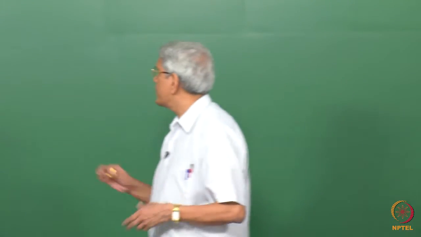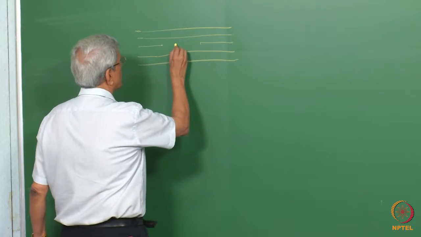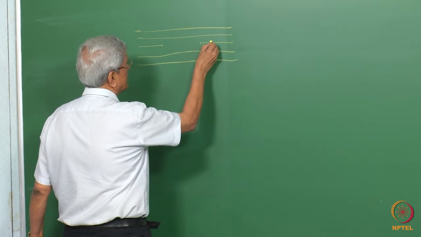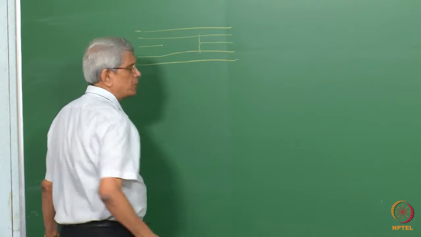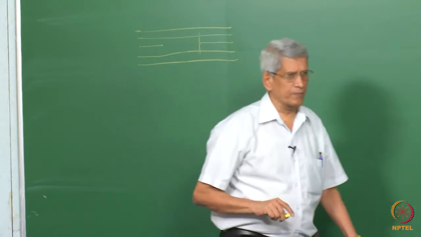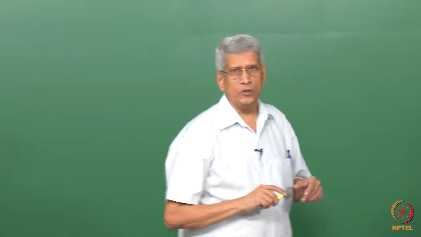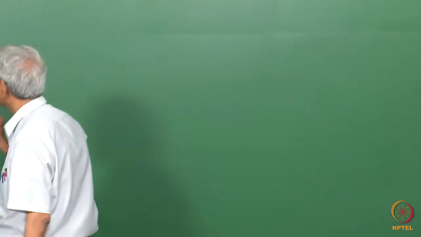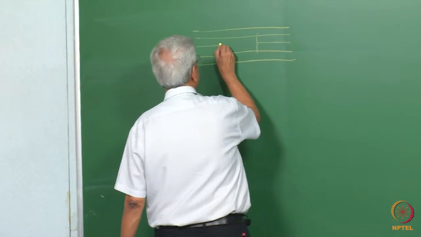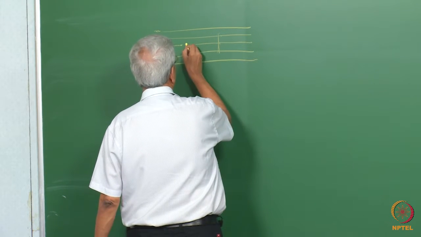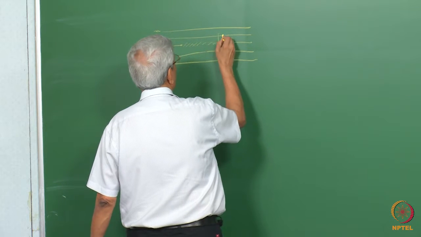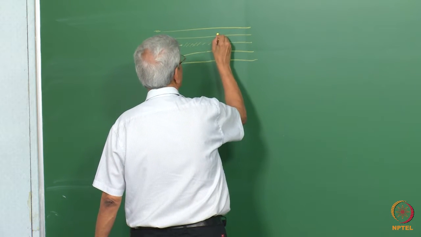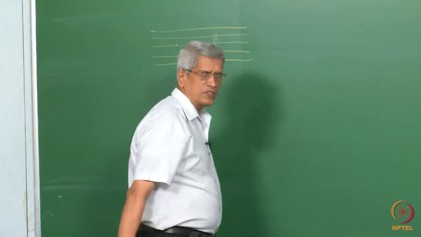Now one can immediately make out that between this region and this region there is an extra plane which has come, and this is exactly similar to an edge dislocation. But in this case, this is the plane of the defect, and the Burgers vector is essentially perpendicular to the plane of this defect.